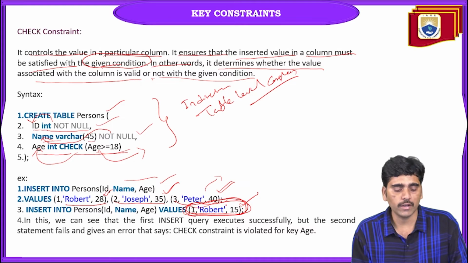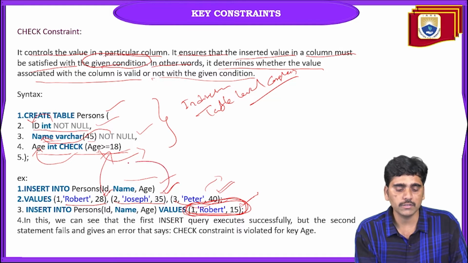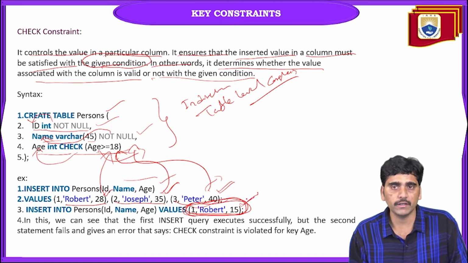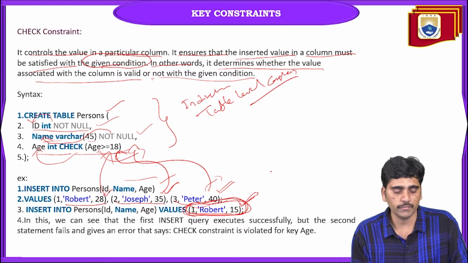Among all these 4 values, 28 satisfies the condition, and 35 also satisfies the condition, and 40 also satisfies the condition, so all these 3 records were inserted. But now I am trying to insert the age 15. It is showing an error message.